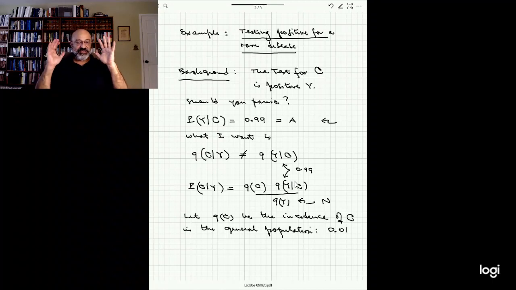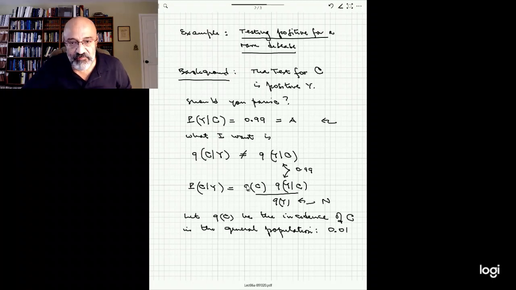But it didn't go all the way up to 0.99, right? So what this is telling you is that, yes, indeed, the information in the data is important. The information in the prior is important. And the information in what we normally call the sampling distribution or the likelihood distribution is also important. All of these factors matter.